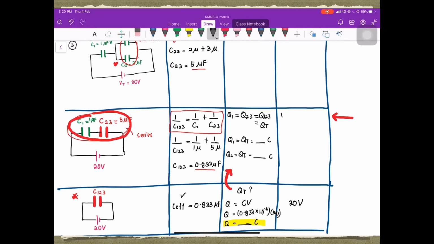For the voltage, series, V1 plus V23 equal to V123, right? So V1 plus V23 actually equal to V total. V total means, where is your V total? Here, 20 volt.